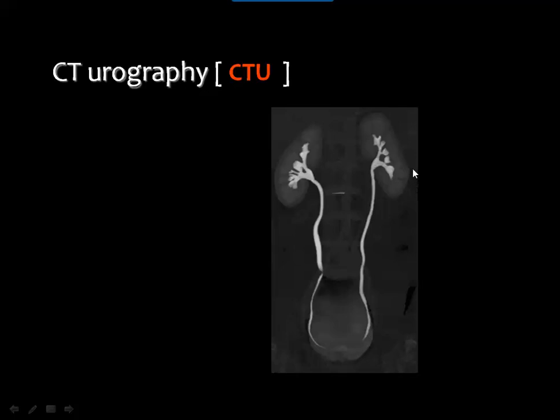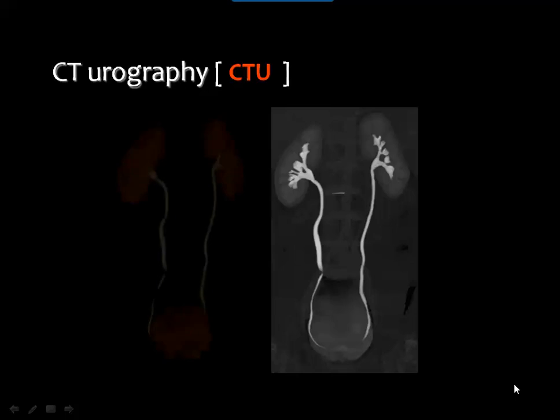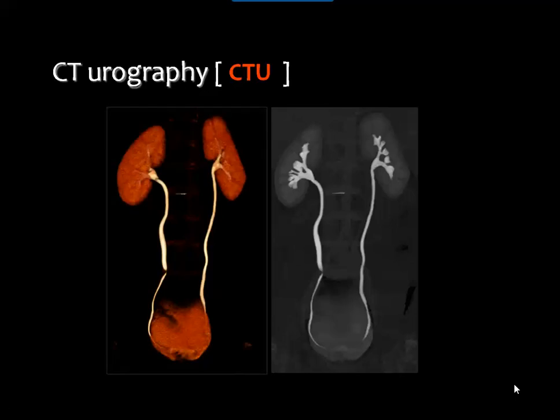You are left with the kidney, the pelvic-calyceal system, the ureter, and the urinary bladder. And you may display this in color, and you should remember that the colored 3D images are of little diagnostic value everywhere in the body except in the face.